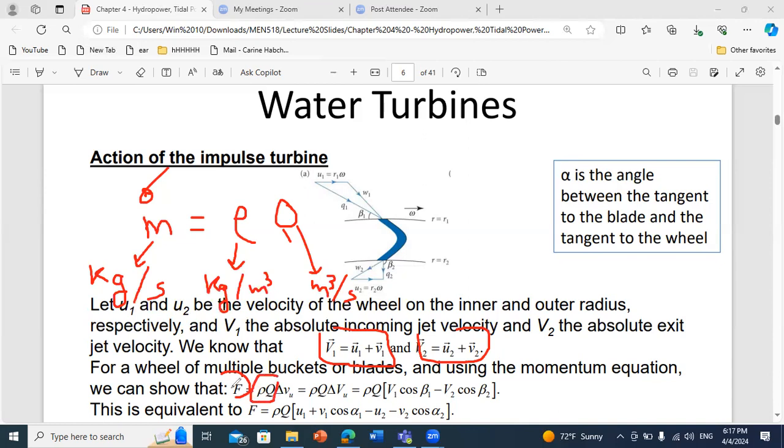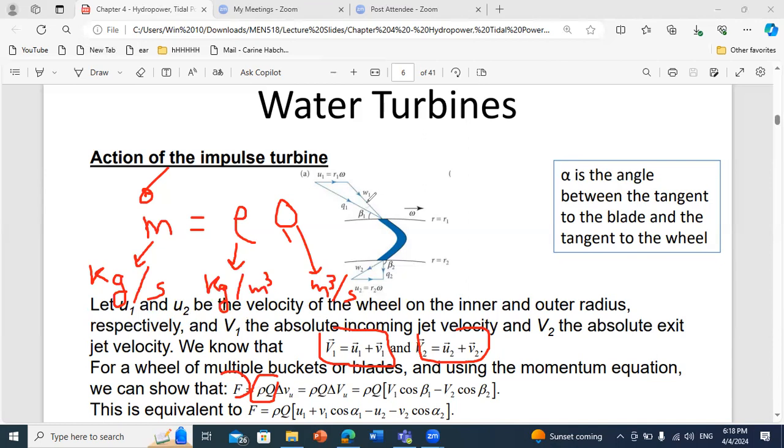And as we said, the force developed by water on the turbine is m dot times the variation of velocity, the absolute velocity. And we should know that the force that is important for us is the tangential one.